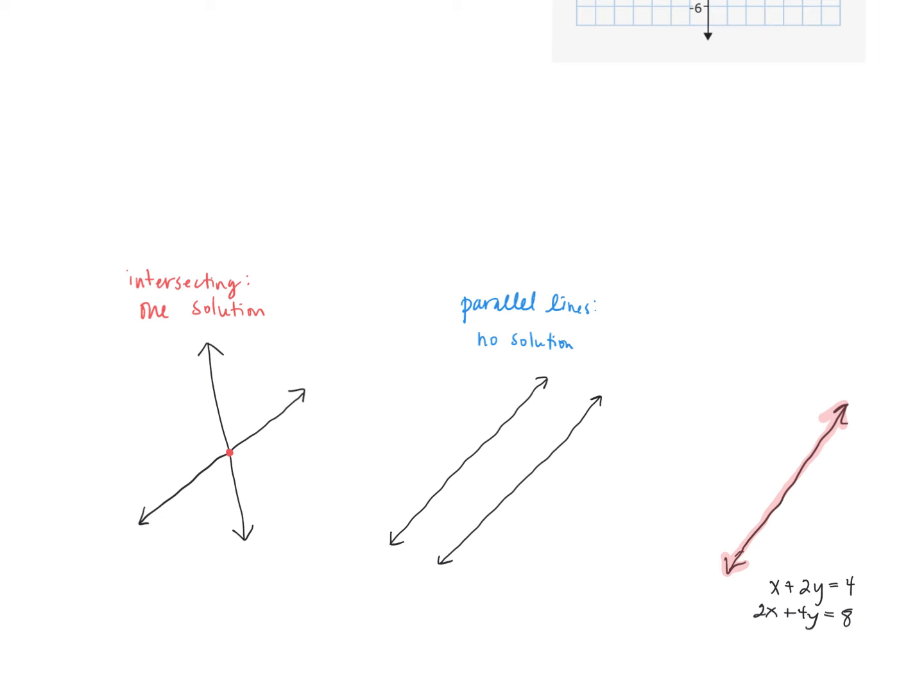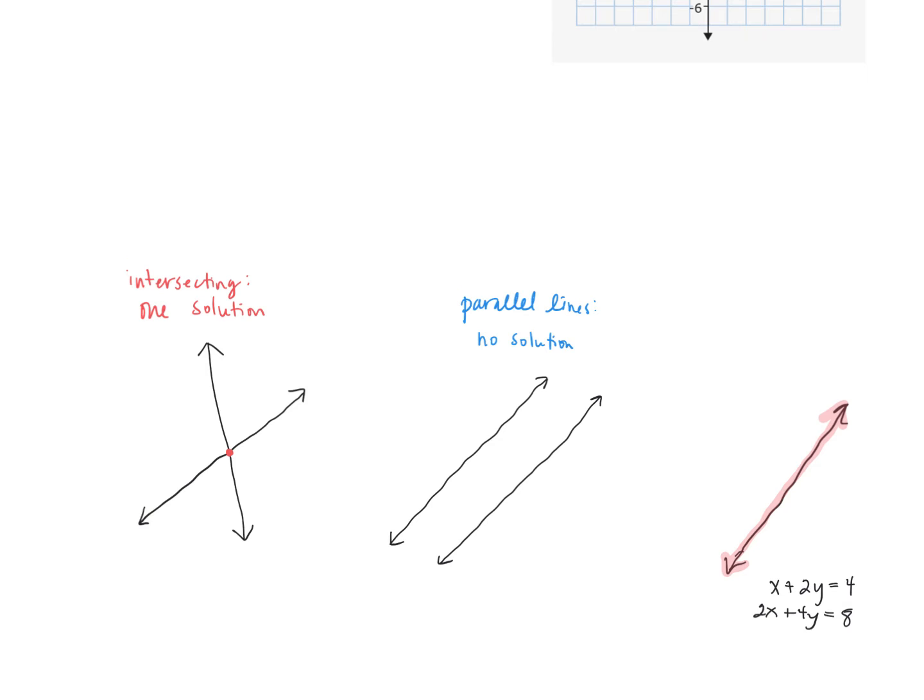Do you see how I just multiplied every piece by 2? It looks like a different equation, but it represents the same exact line, because if I divided everything by 2, you would get right back to the original equation.